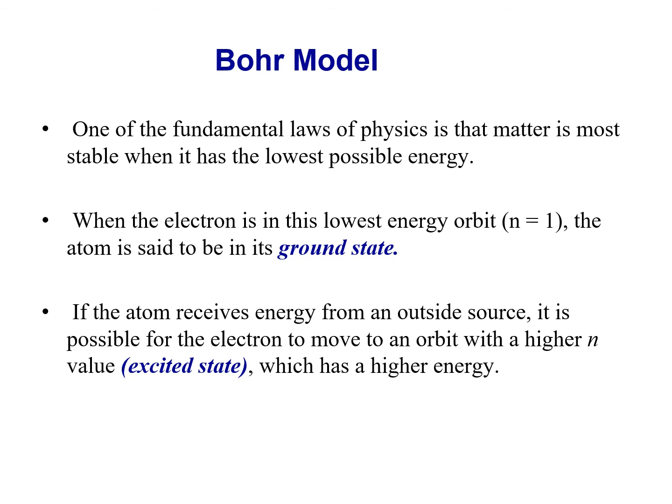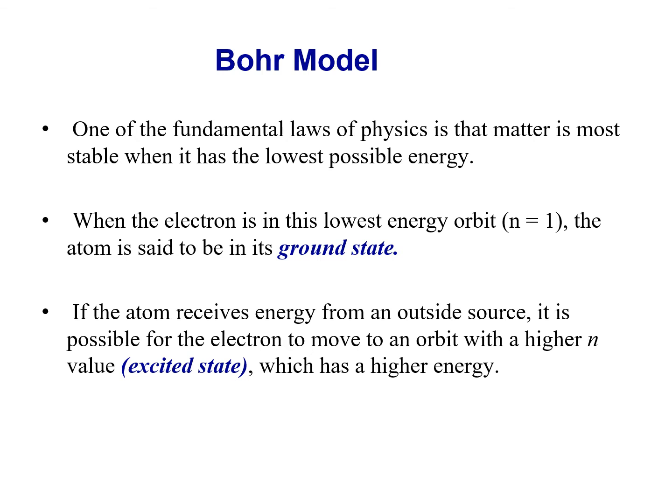Now, let's take a moment to think about energy levels and how this relates to some of the fundamental laws of physics. One quite important fundamental law is that matter is the most stable when it has the lowest possible energy. So if we're going to talk about these energy levels, we should understand that when an electron is in the lowest energy orbit, this kind of restricted area, the atom is said to be in the ground state, therefore the most stable.